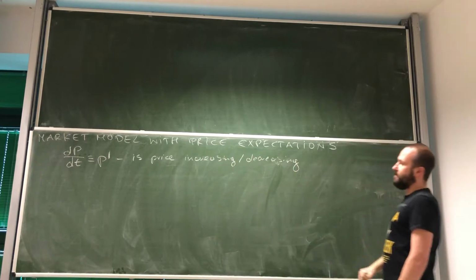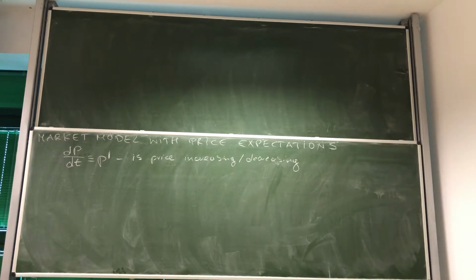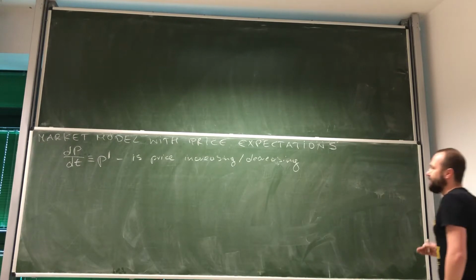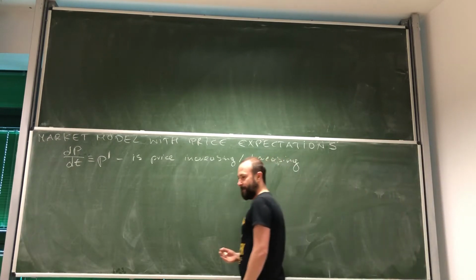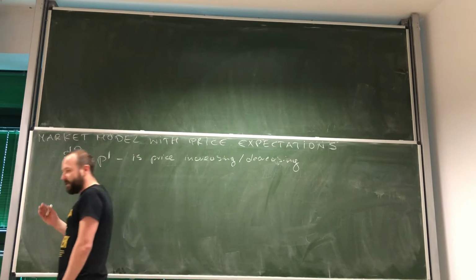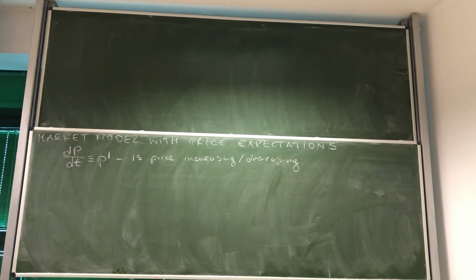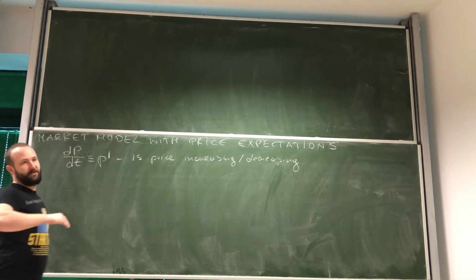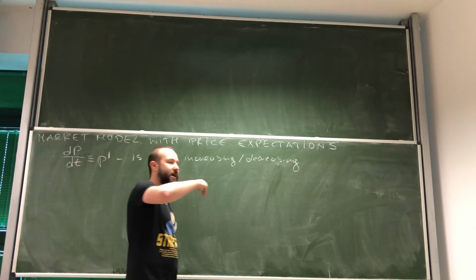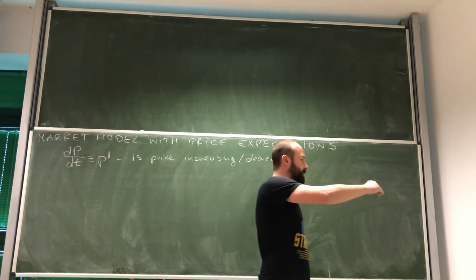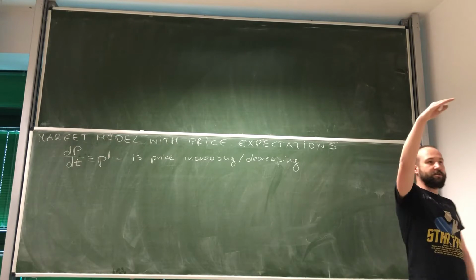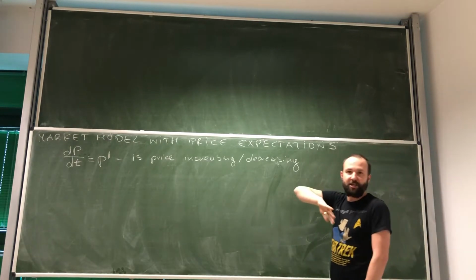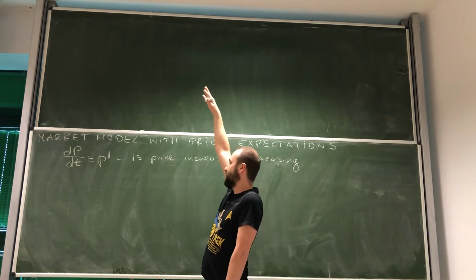But look, the sole fact that the price is increasing or decreasing is not the full information we would like to have. Because we can have a situation where the price increases, but it increases slower and slower and slower. However, it can increase faster and faster and faster.